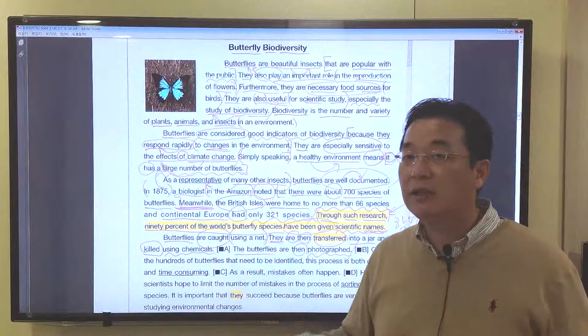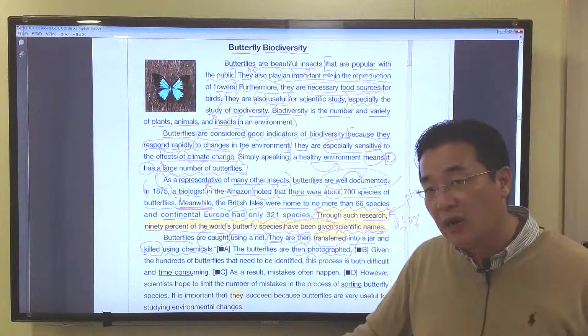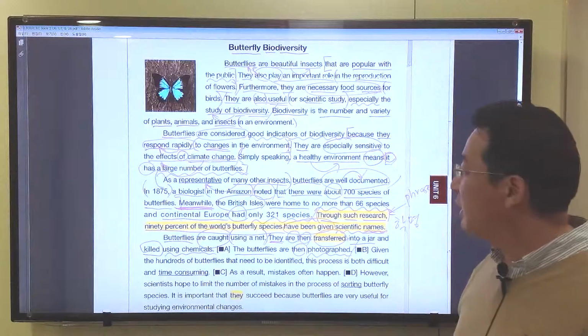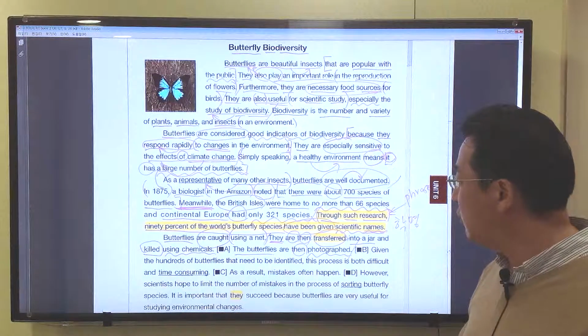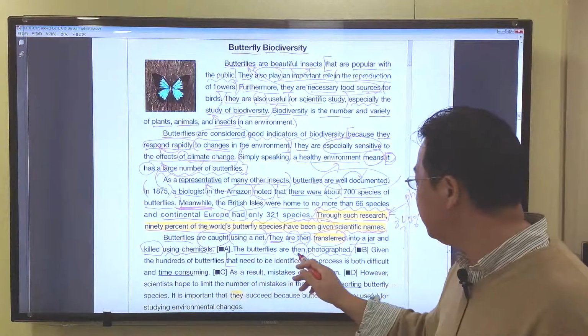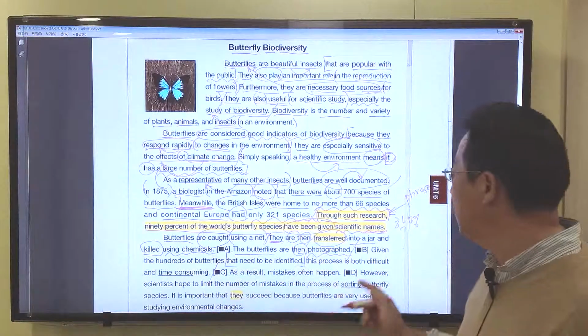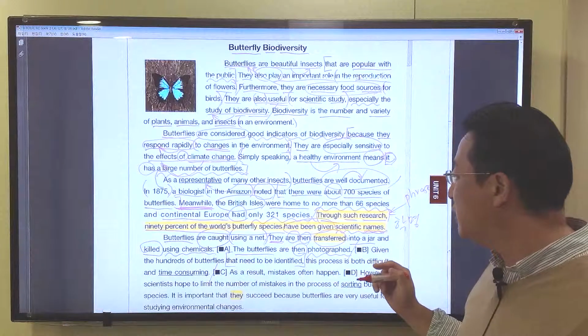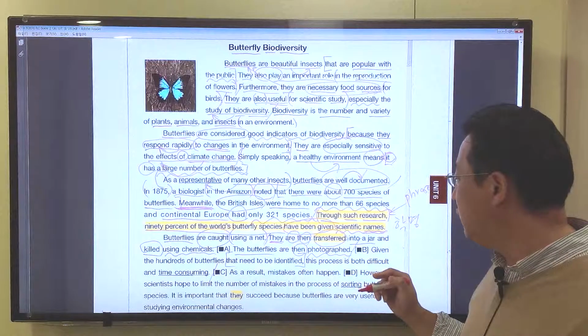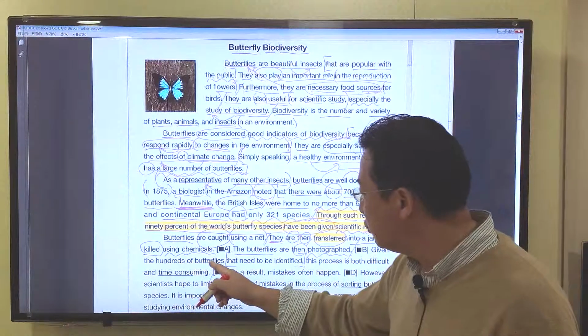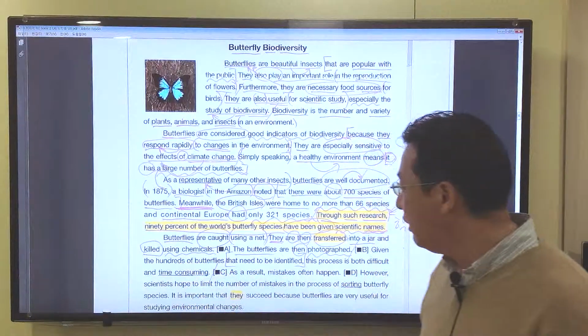그런 버터플라이들의 종의 어떤 숫자를 알아보기 위한 리서치의 과정을 설명하는 겁니다. 자, given the hundreds of butterflies that needed to be identified, this process is both difficult and time consuming. 자, given the hundreds of butterflies that needed to be identified. 무슨 말입니까? Hundreds of butterflies, 수백 마리의 나비들이, 어떤 나비들?